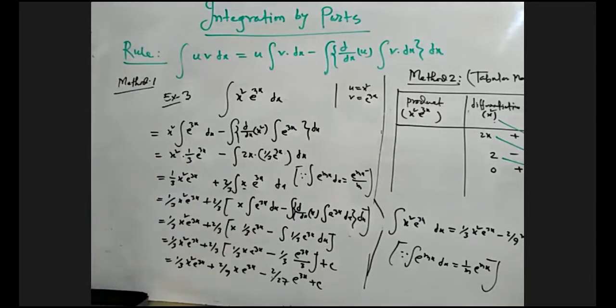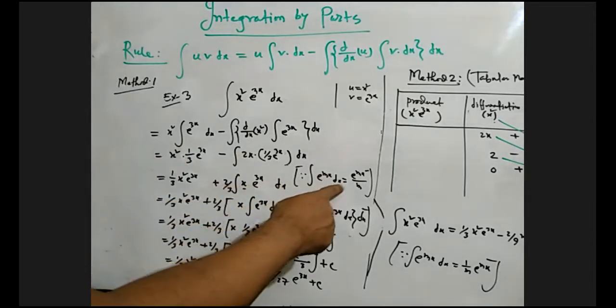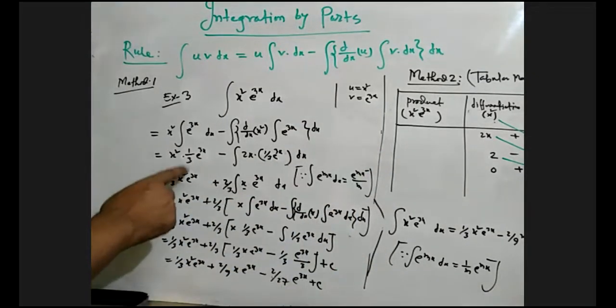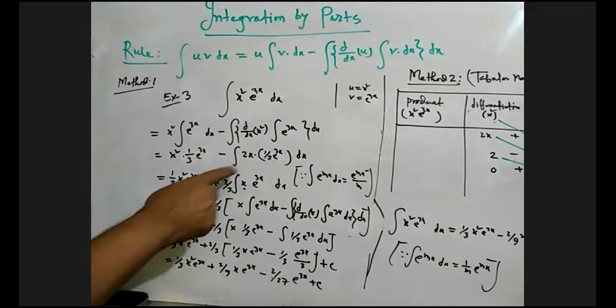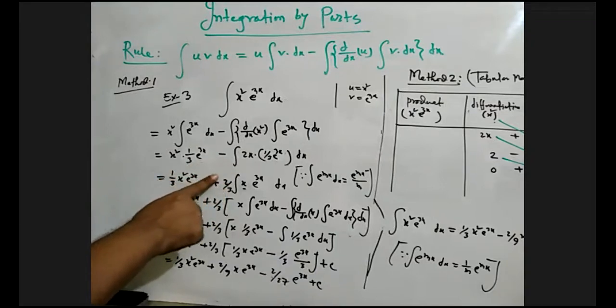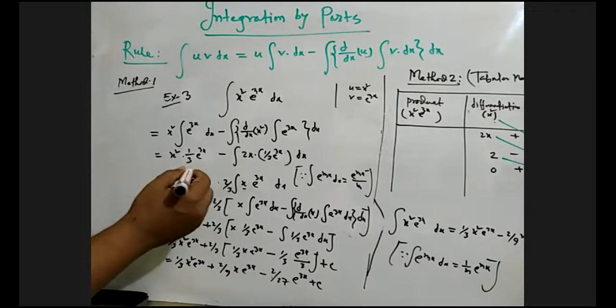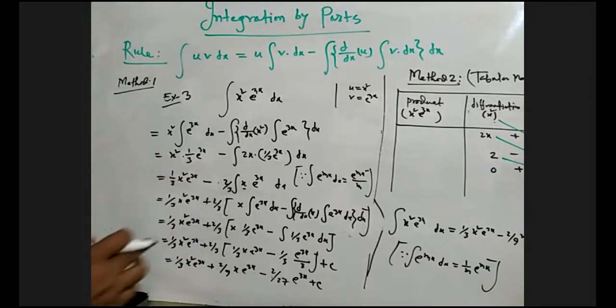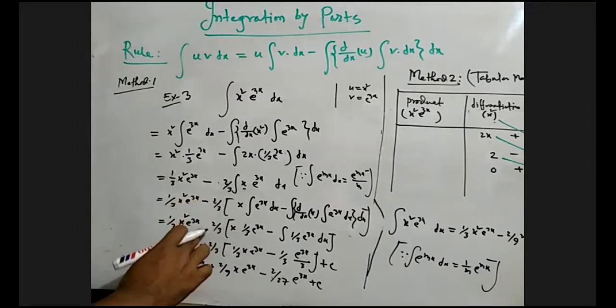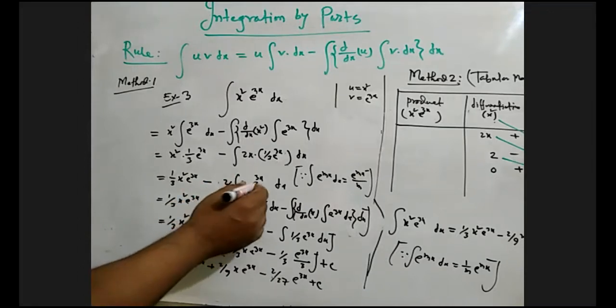Okay, now using this e to the power mx formula, what will be? 1 e to the power mx divided by m. Now 1 by 3 x square e to the power thrice x, this will be what? This will be minus, remember it, this will be minus, and this will be minus also, minus this, again UV process.